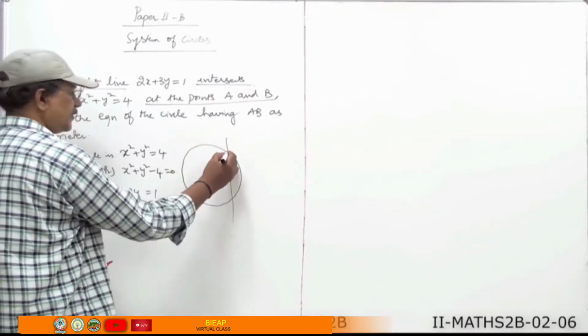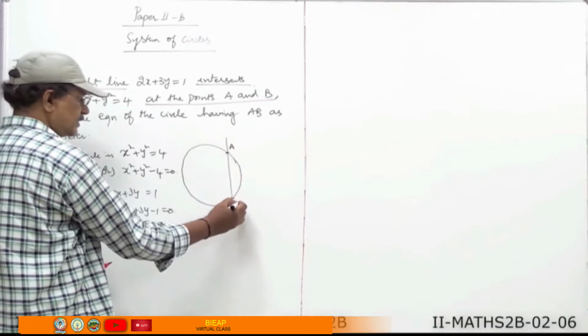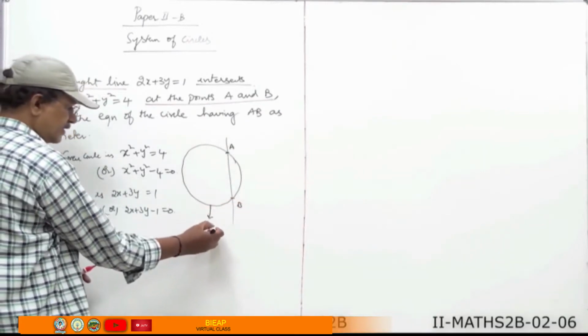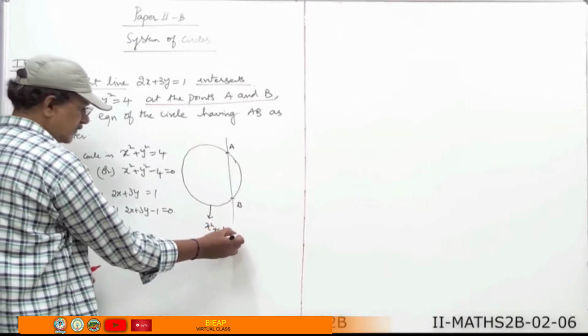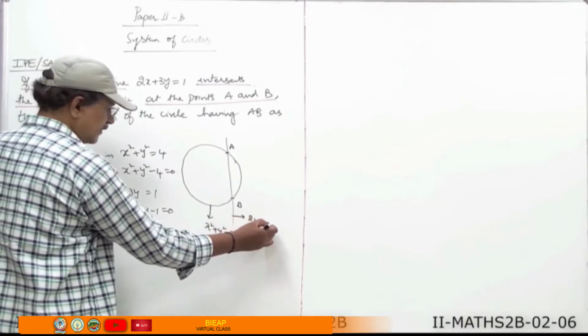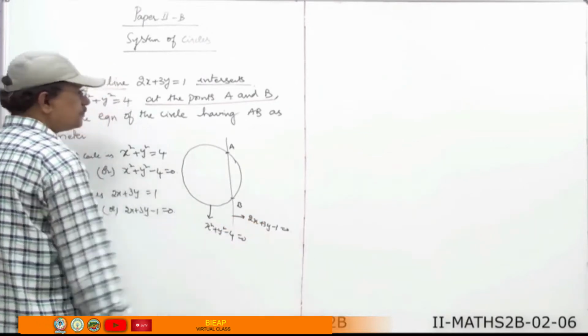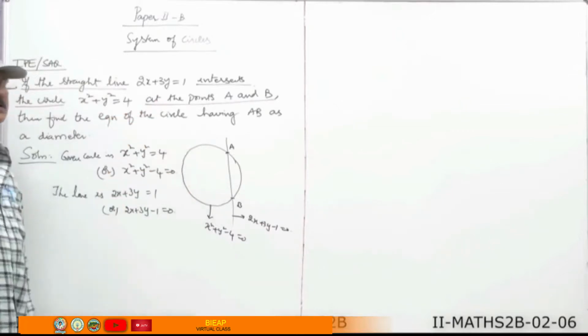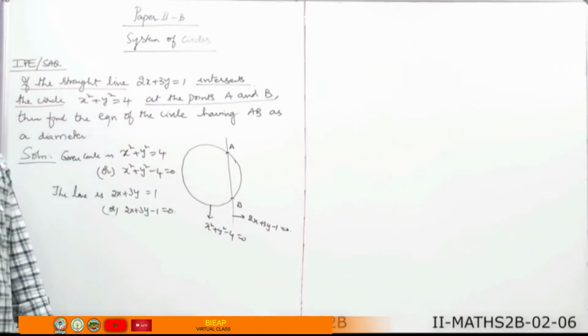It intersects at the points A and B. So, these are the points of intersection. It is x square plus y square minus 4 is equal to 0 and 2x plus 3y minus 1 equal to 0. Then what is he asking? Find the equation of the circle having AB as diameter.